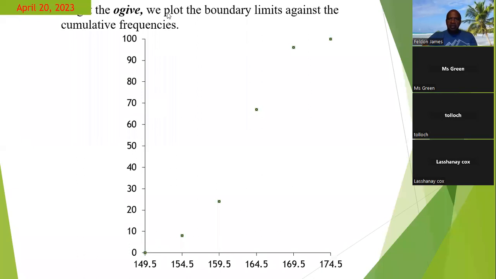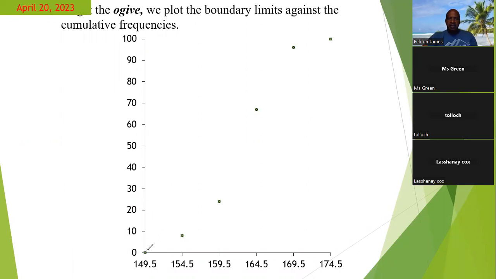So if you notice here, we would now plot our boundary values against our cumulative frequency values. Remember that we are plotting the boundary values with the frequency in the cumulative frequency table. If you can recall what the table looks like, our first boundary value would have a frequency of 0.